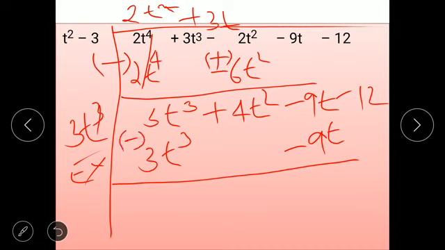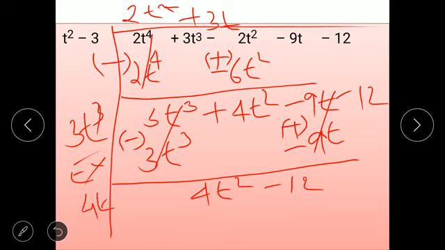Changing the sign. Yes, plus and minus cancel. Balance, what is remaining? 4t square minus 12.